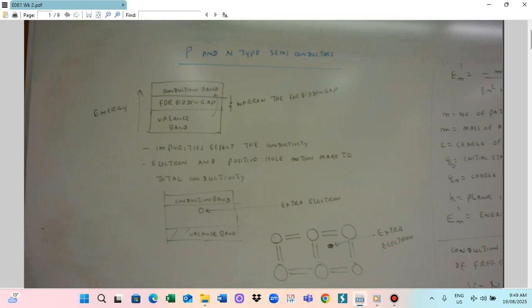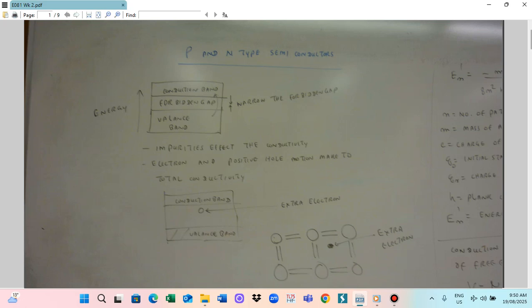So how do you make this conductivity? You should see here the conduction band, here the valence band, and here the forbidden gap.